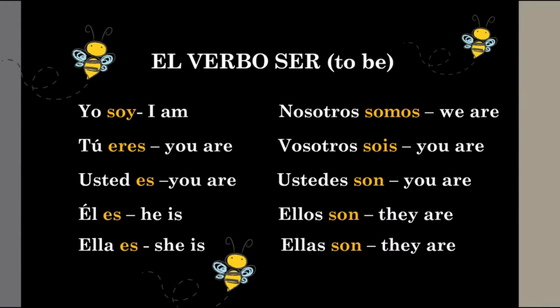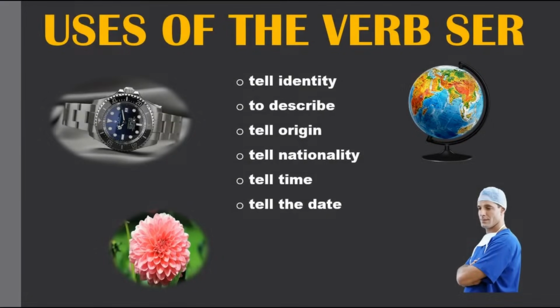Again, these are all irregular conjugations. However, you will see some repetition, such as with s and so. Now, let's apply the conjugations of SER to the uses of SER. But first, let's review the uses.